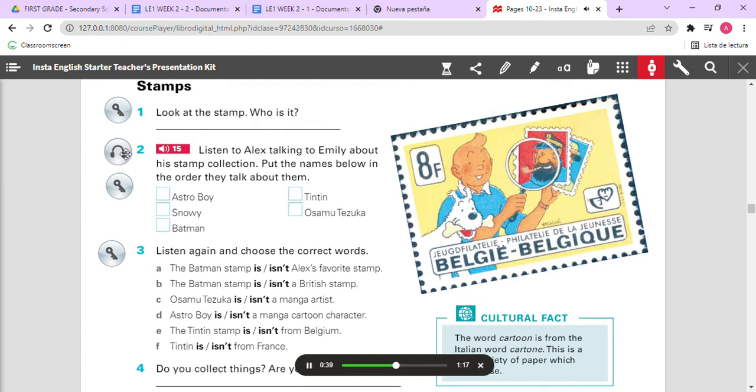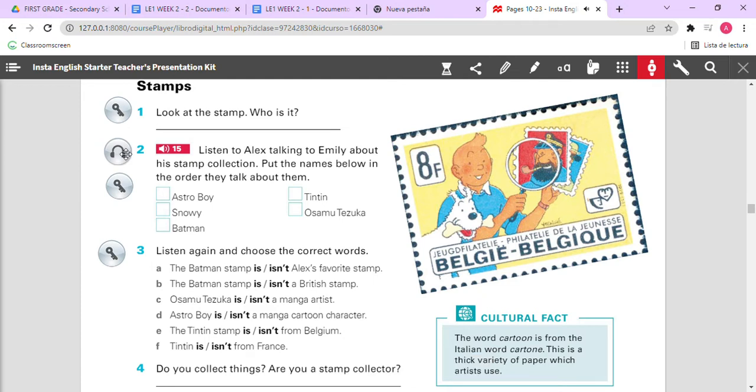Ah, that's Astro Boy. He's Tezuka's manga creation. Really? Alex, is that Tintin? Yes, it is. And that's his dog. What's the dog's name? It's Snowy in English, but it's Milo in French. Is the stamp from France? No, it isn't. Look at the name of the country on the stamp. That means Belgium in English. Interesting. So is Tintin from France? No, he isn't. He's from Belgium. Oh.